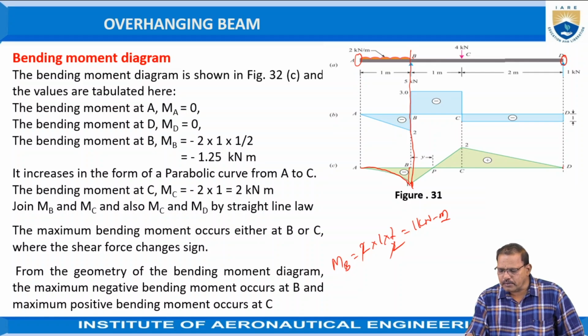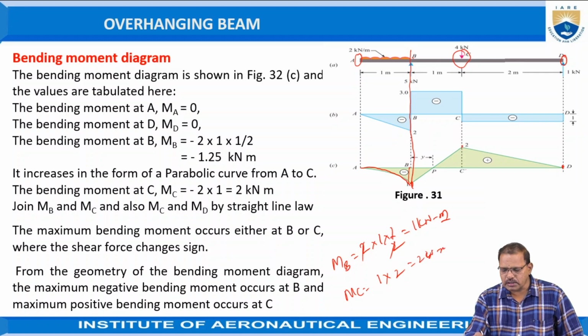Now the bending moment at point D is equal to 0. I am taking the bending moment at point C, because you can take from the left side or right side according to your convenience. Now considering the forces toward the right hand side, only one force is acting, so MC is equal to 1 kilonewton acting at a distance of 2, which is equal to 2 kilonewton meters.